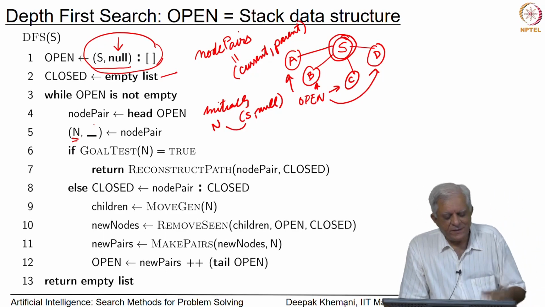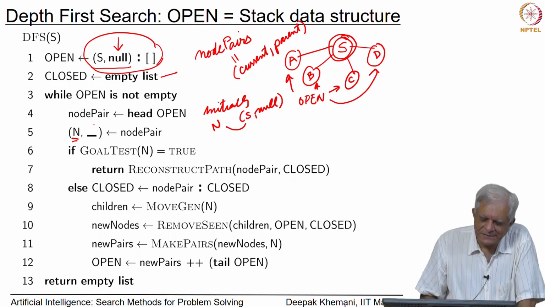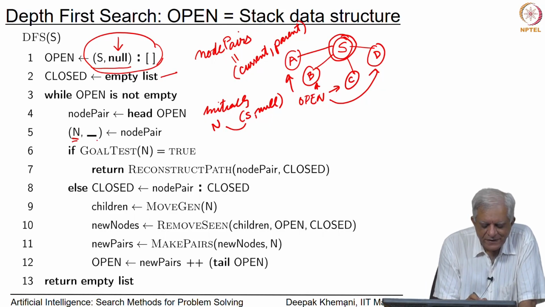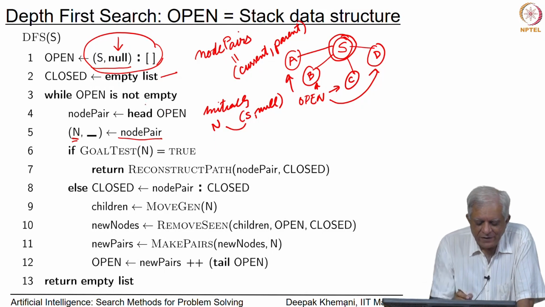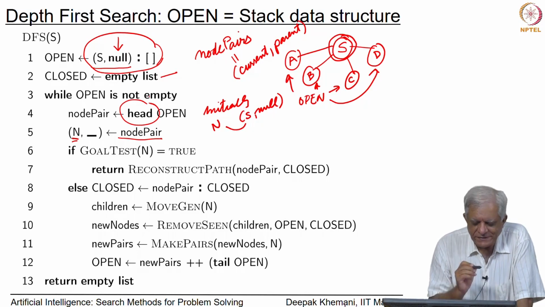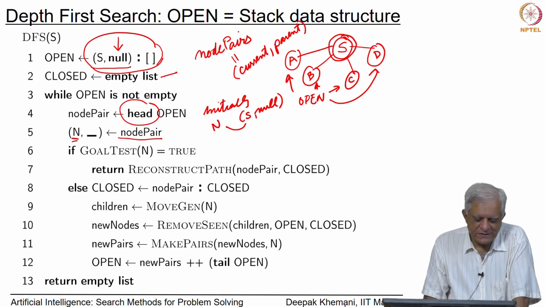We would be interested in the parent only when we want to reconstruct the path. So, we can access n as the first element of this pair which we extract from open, and we always take the first node in open, that is the head of the list, and that is the easiest to extract.